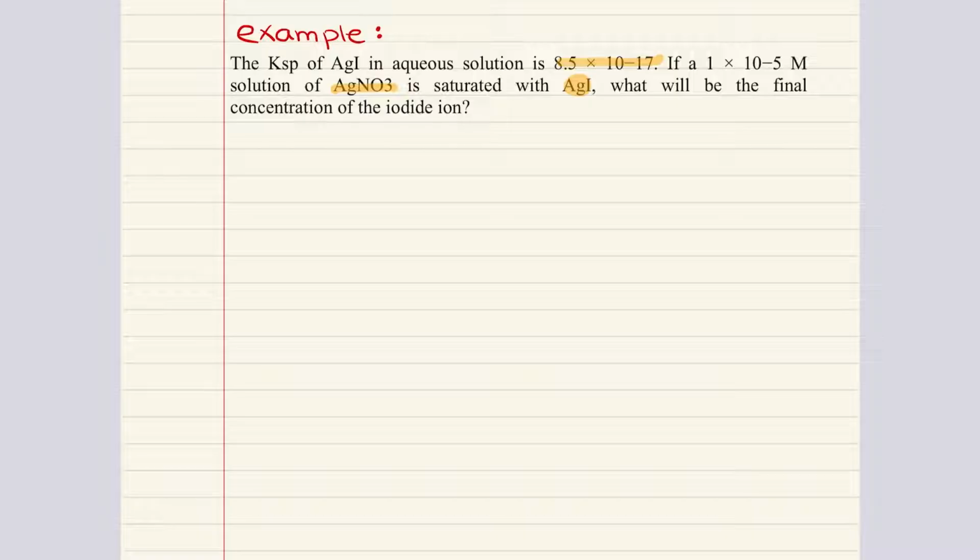This is a sparingly soluble salt. Let's write the balanced dissociation reaction for silver iodide. This will dissociate into silver cations and iodide anions. From here, we can also write the Ksp expression for this reaction.